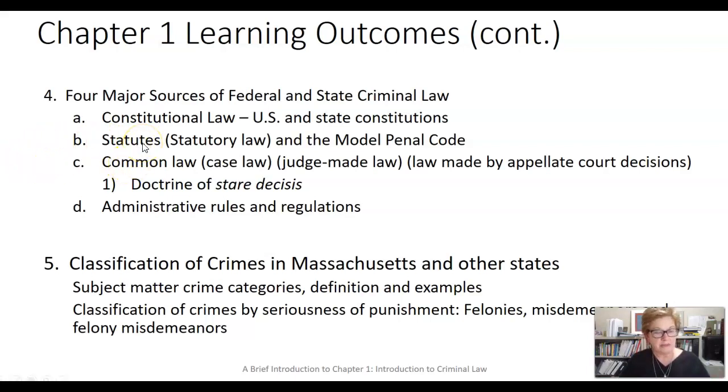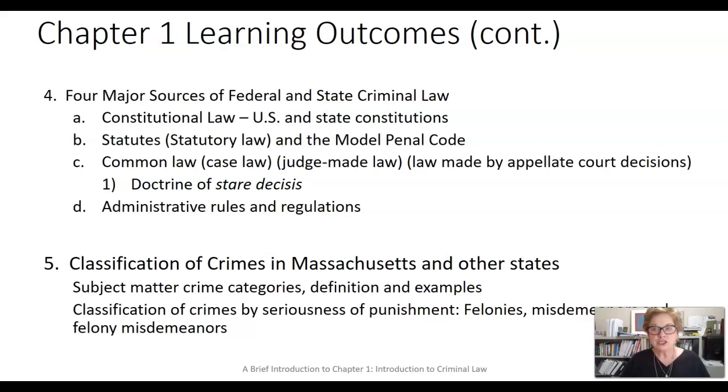Statutes, again, that's the law that's passed by the legislative branch of a particular government. Federal government, Congress, state government, the state legislature. Those statutes, those laws that are enacted through the political process of a legislative branch, also oftentimes have to have some additional interpretation.